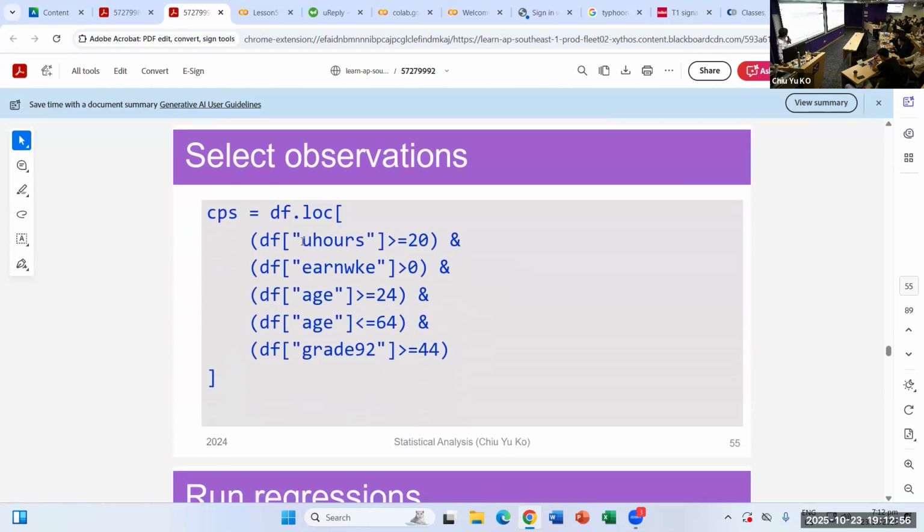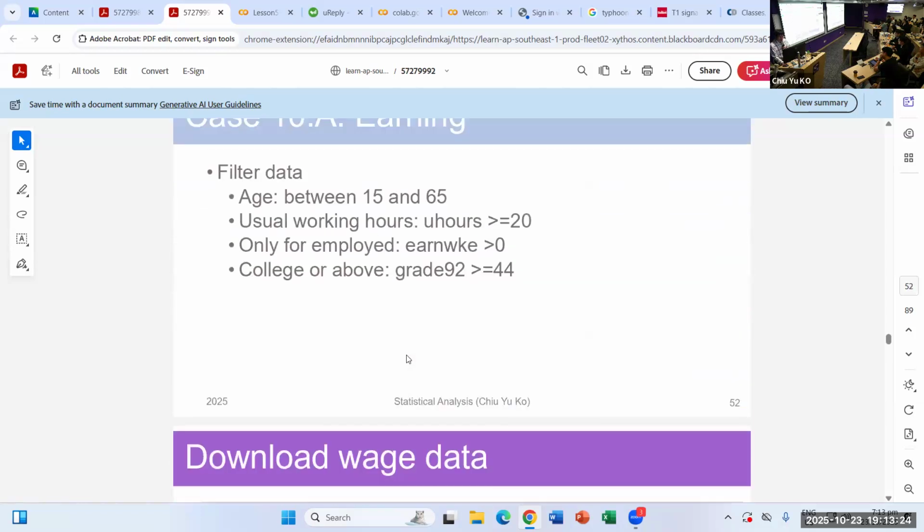Here we just look at data where people work more than 20 hours and earn something, and age is between 24 and 64. Then it is grade 92, meaning they graduated in 1992, and the data is from 2008 something.